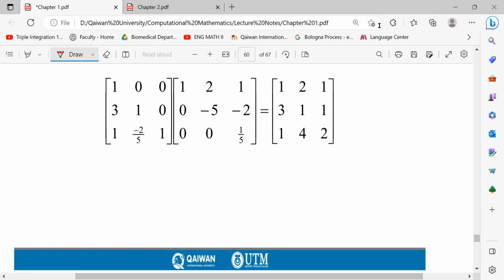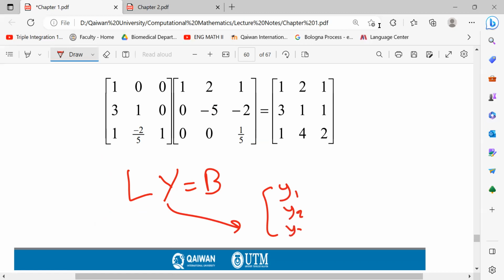Now we say Ly equals B. B is given, and L is this matrix. We multiply L by Y and equal it to B to get the values of Y, which is Y1, Y2, and Y3.